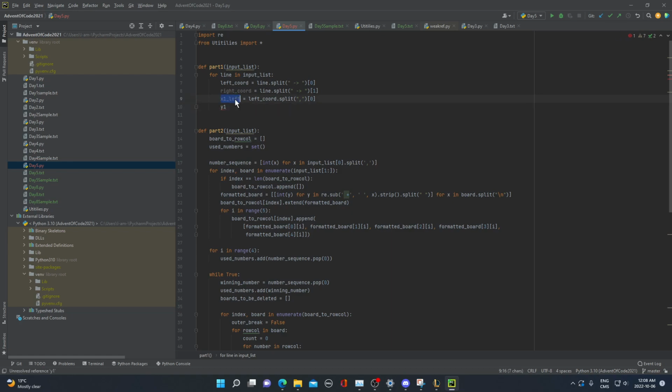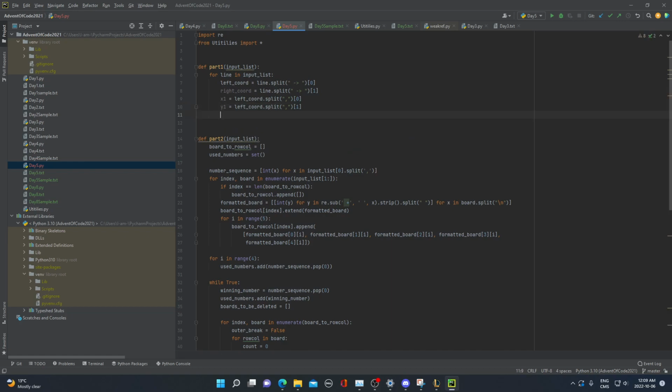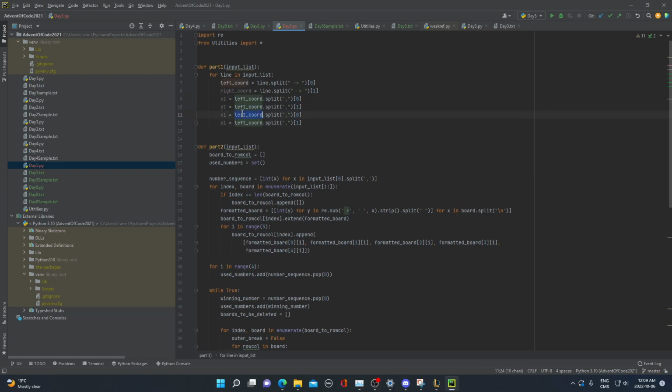I mean, x1 is already very clear. y1, we split the left coordinate and take the second element. And we do the same thing for the right coordinates. x1, x2. This will also be y2.